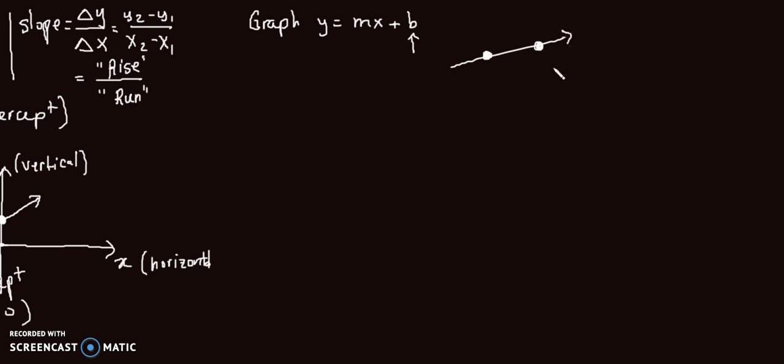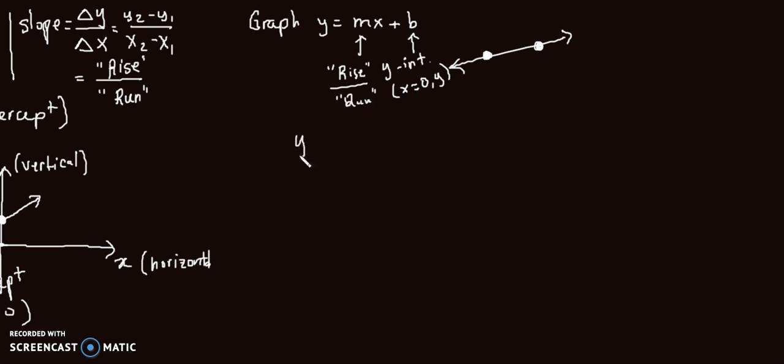The first point is given already, because it is the y-intercept, where x is 0. Then for the slope, we use the concept of rise over run.